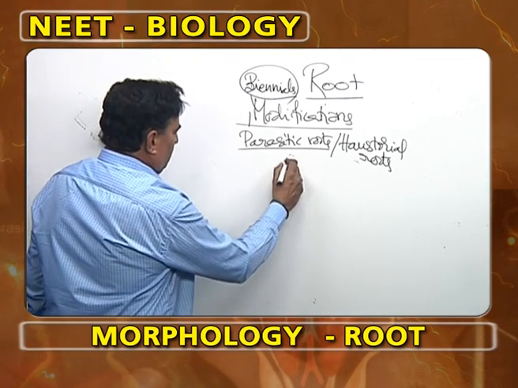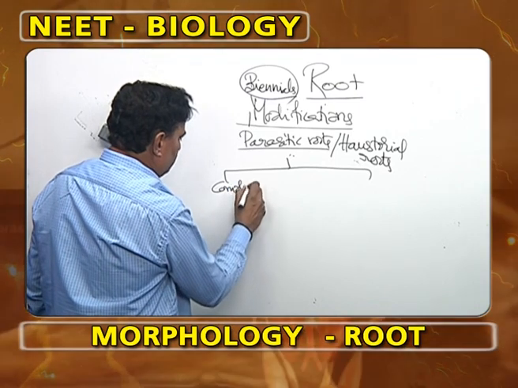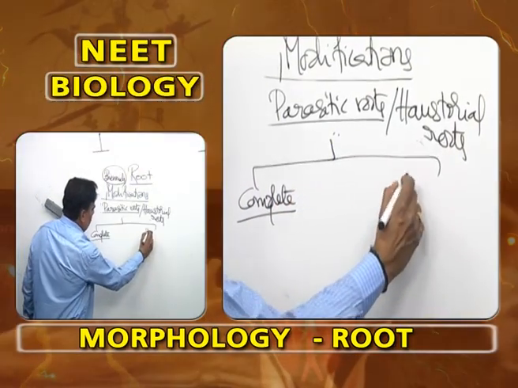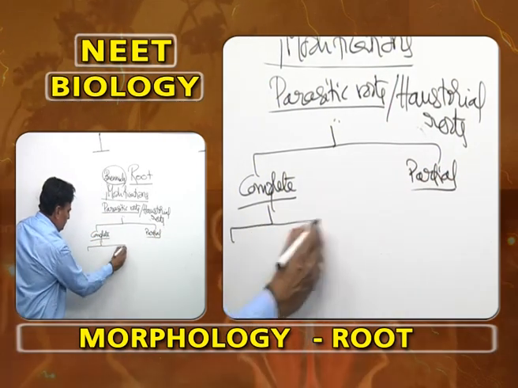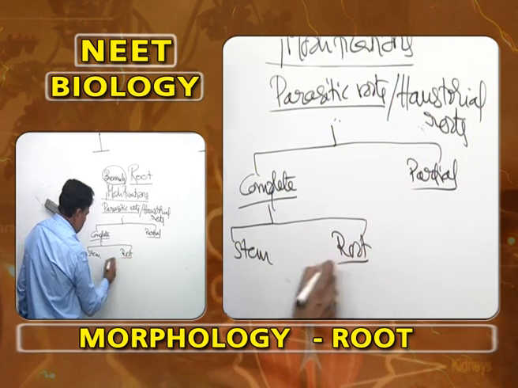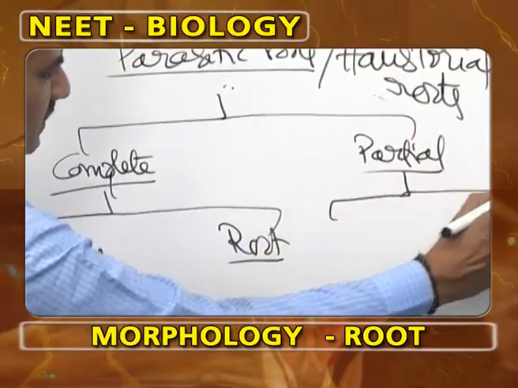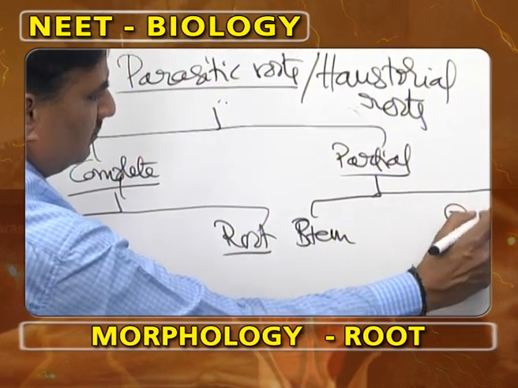Now, in these complete and partial parasites, there are some special examples. In complete parasites, there are two categories: complete stem parasites and complete root parasites. In partial also there are two categories: partial stem parasites and partial root parasites.